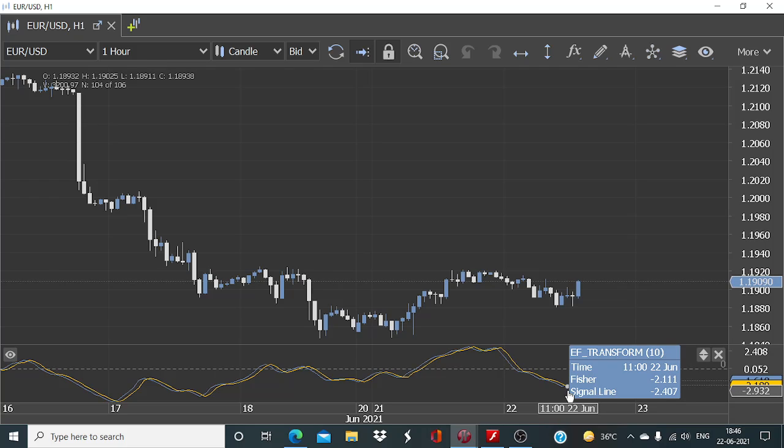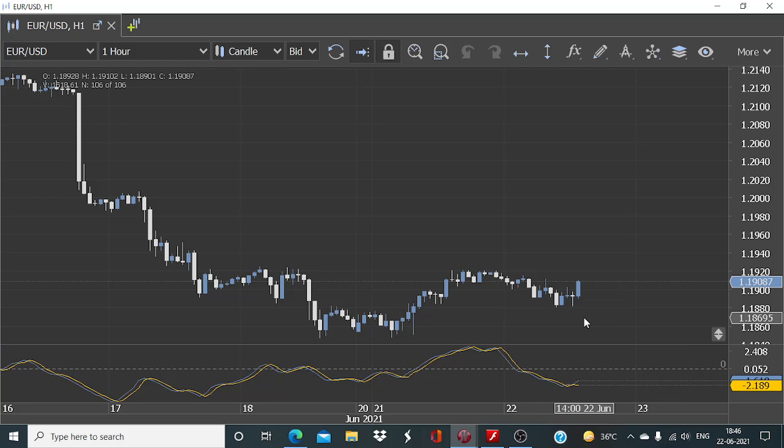So in penultimate hour, the Fisher line should have been above the signal line, and whenever we see this crossover happening, that simply means the underlying instrument is picking up the momentum on the bearish side. So this might be the time to check for the trades, whether it is appropriate to go for the trade.